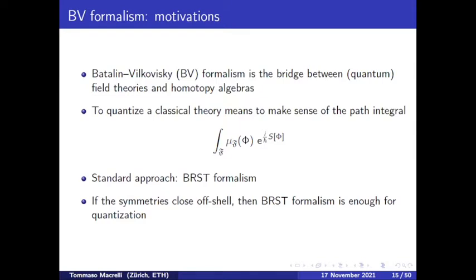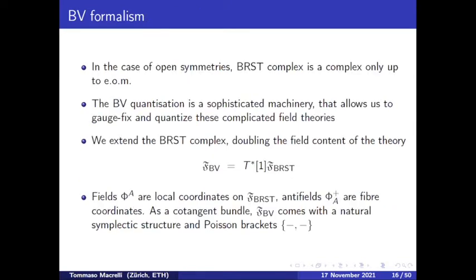But we can have more complicated examples of gauge theories, like higher gauge theories, where the BRST complex is a complex only up to equations of motion. And to proceed with quantization, we want an off-shell complex. And this is realized at the level of BV formalism.